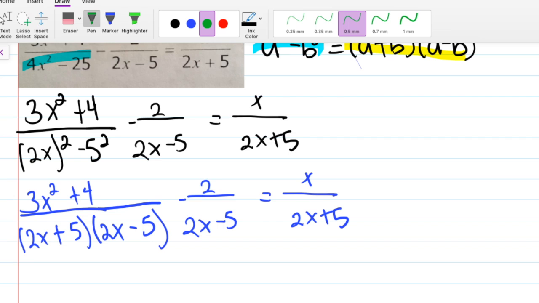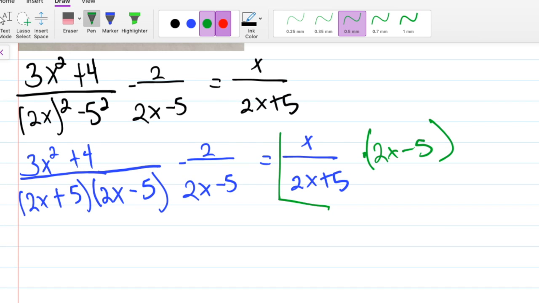On the right side, you see that there's only one denominator. So we're going to multiply the right side by the opposite. We're going to multiply the right side by 2x minus 5. And so that tells us that we're going to multiply the left side by 2x plus 5. So now I'm just going to rewrite that.